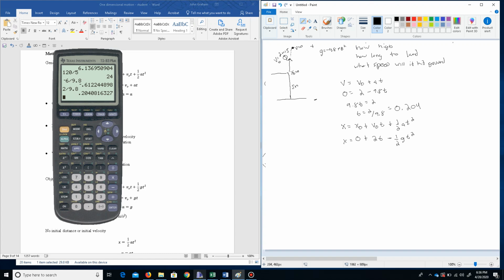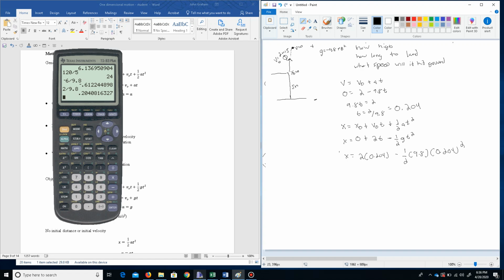So we'll solve this. Actually, wait, hold on a second. We have the time. We'll add in the time. So 2 times 0.204 minus 1/2 times 9.8 times 0.204 squared.